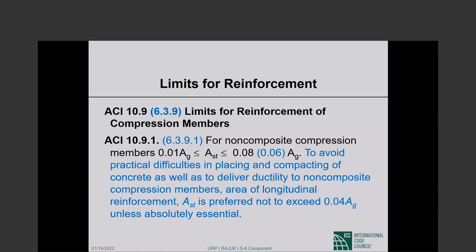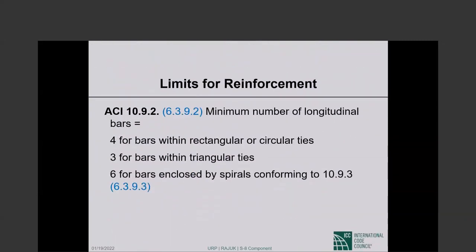This is such good advice. I was so glad to see that the code says this. Okay, never ever go beyond 4%.